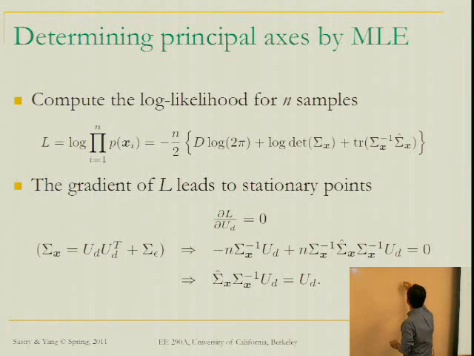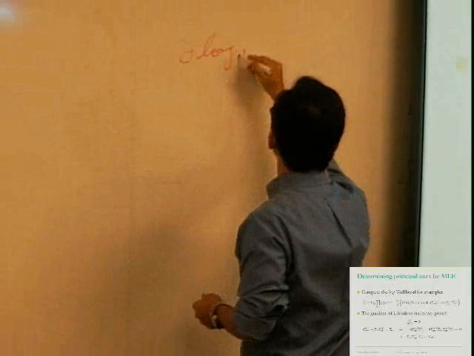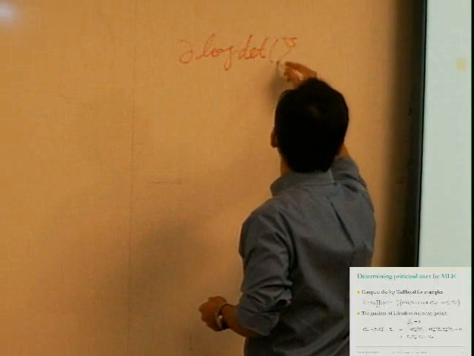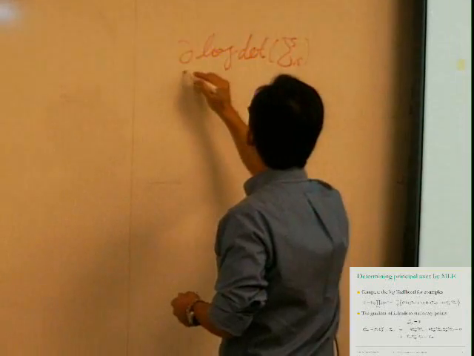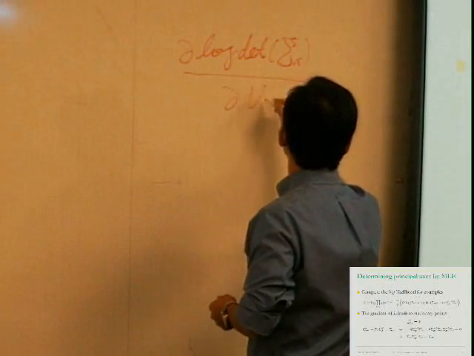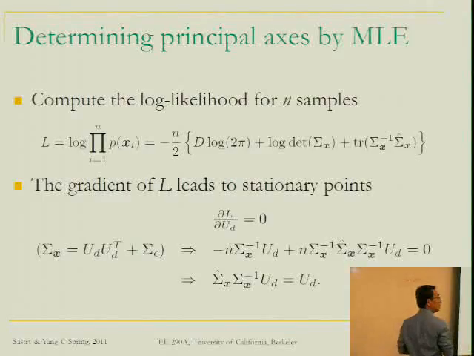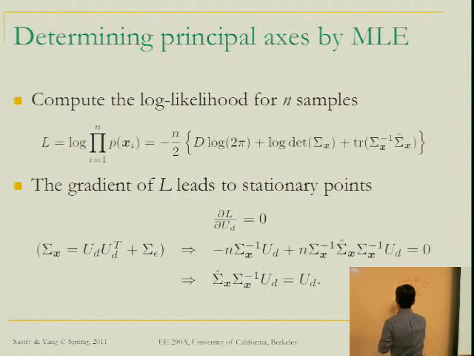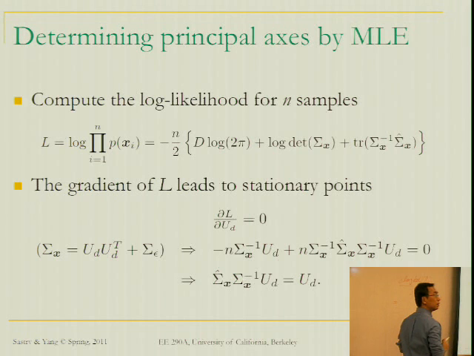So let's do a small exercise here. The partial derivative of the log of the determinant of the covariance matrix of X with respect to ud is equal to, just do it by the chain rule.